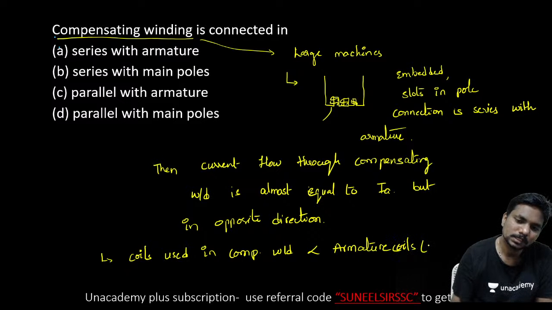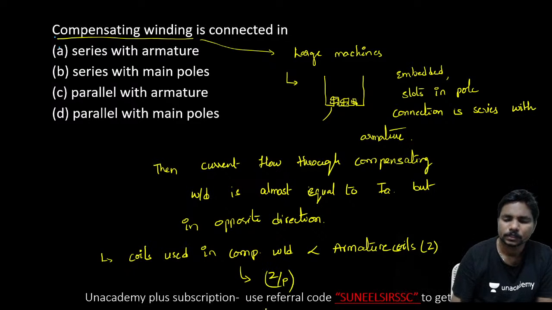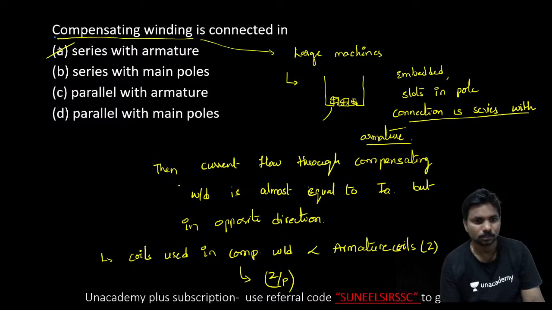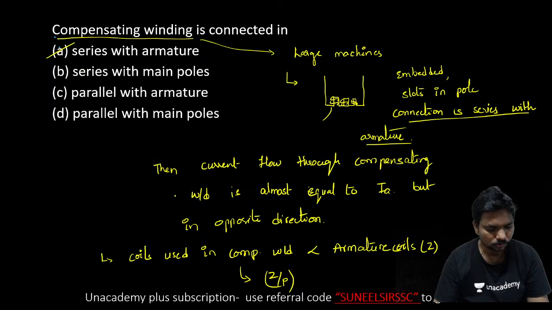If the armature conductors are considered as Z, then the coils used in the compensating winding are Z by P. As per the division of the poles, we connect the compensating winding coils. These are connected in series with the armature only. So the answer is option A. But the currents flowing will be in exactly the opposite direction.